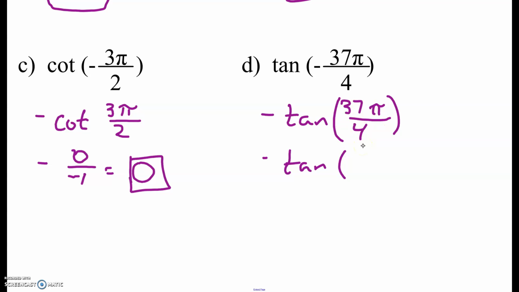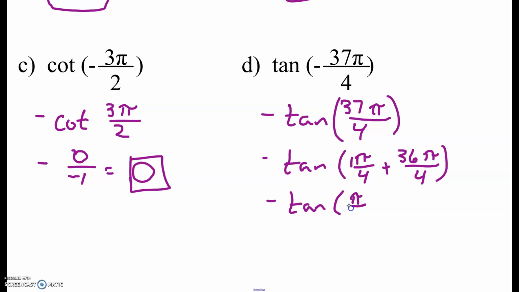37 pi over 4 would be the same as pi over 4 plus 36 pi over 4. So this pi over 4 is like 1 pi over 4. 36 pi over 4 is the same as 9 pi.